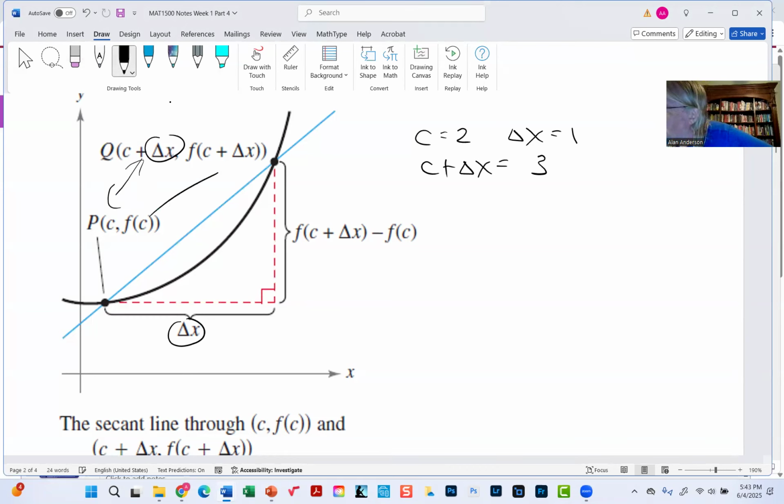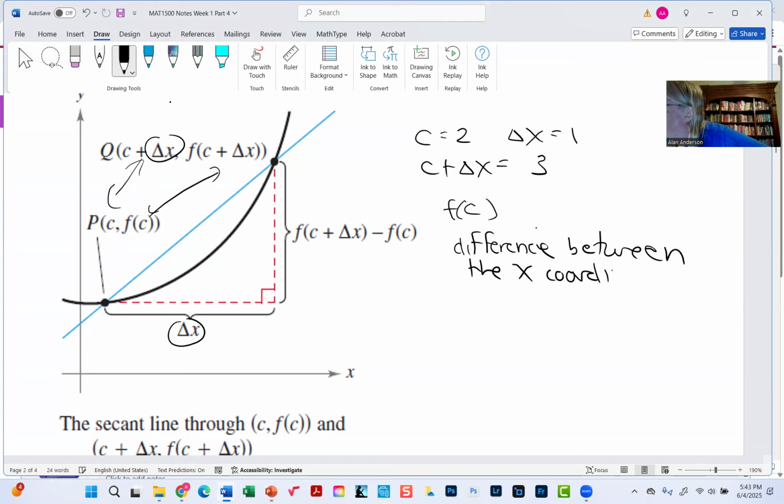The difference between the Y coordinates is f of c plus delta x, the second point, minus f of c, the first point. The difference between the X coordinates is delta x. It's a simple additive. All we're doing is adding delta x to c.